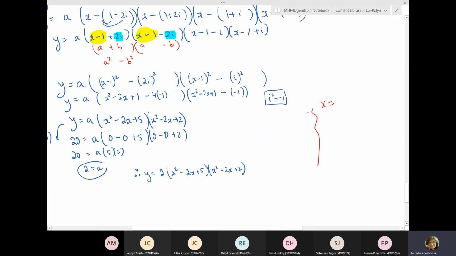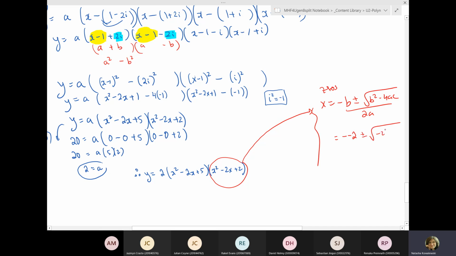So if I asked you for the zeros of this one, Renuka, do you recall the quadratic formula? The quadratic formula is negative b plus or minus the square root of b squared minus 4ac, all over 2a. So if you were to perform this, you would have negative of -2, so that's like plus 2.